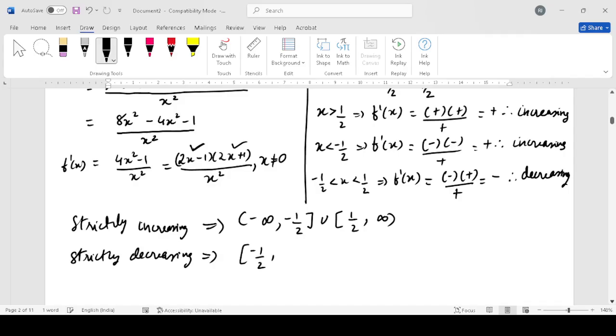So you can indicate that by (-1/2, 0) ∪ (0, 1/2). That's all.